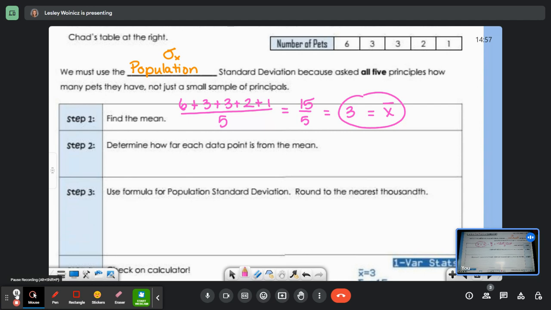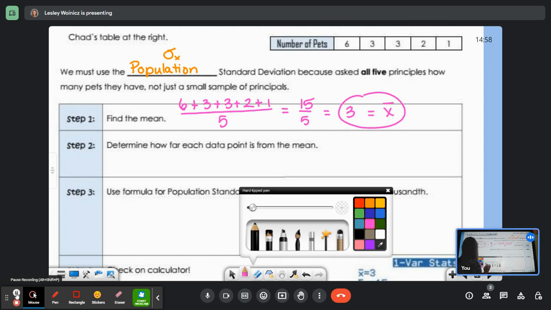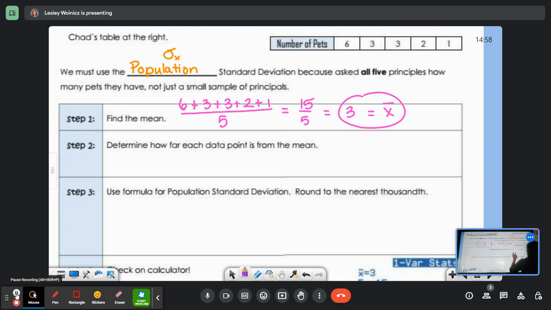Now, the standard deviation, remember, is a way that we can find, on average, the distance from the mean. So we are going to calculate how far each of our data points is from this average. Okay? So how far is 6 from 3? Well, to find that out, we just do 6 minus 3, and we get 3.